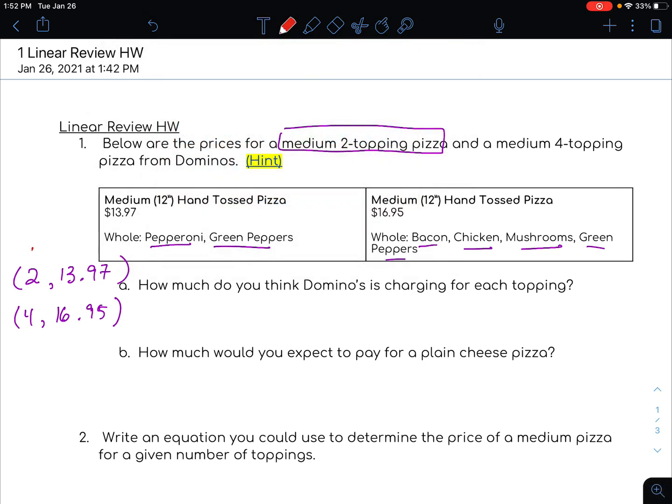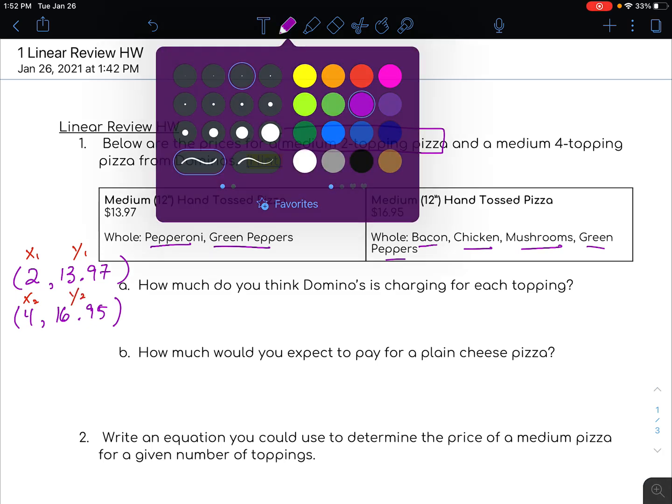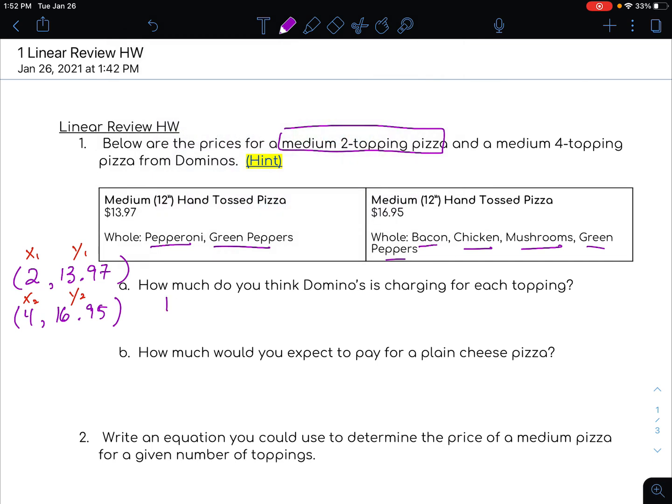So each one of these is going to have an x value. So let's call this x1, y1. Let's call this x2, y2. And like we talked about in our notes review, if we subtract the y values, so 16.95 minus 13.97, that's the change in y. And then the change in x would be just 4 minus 2.